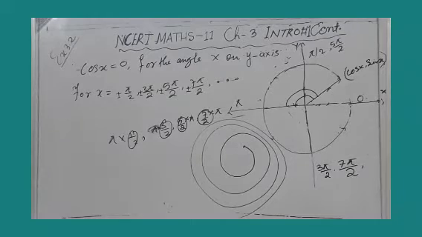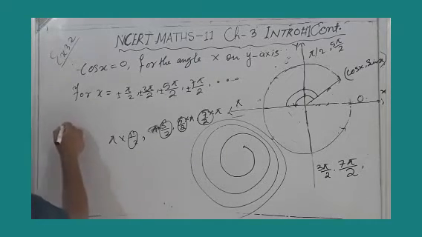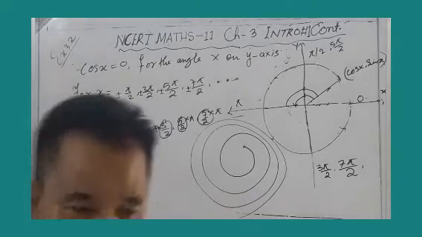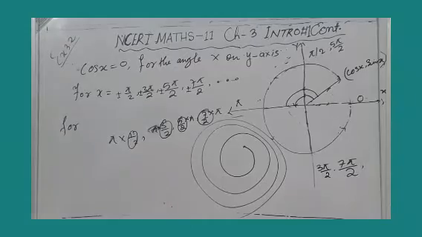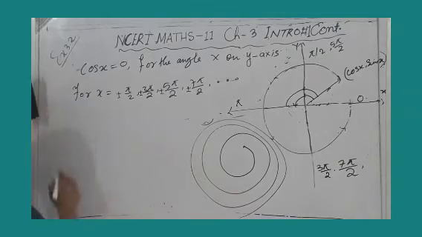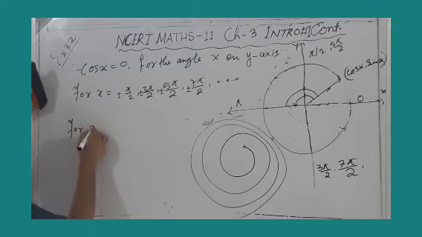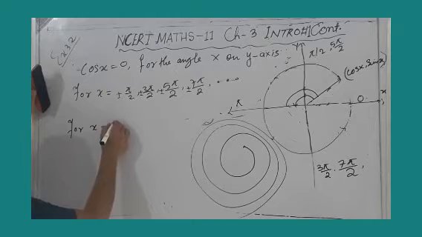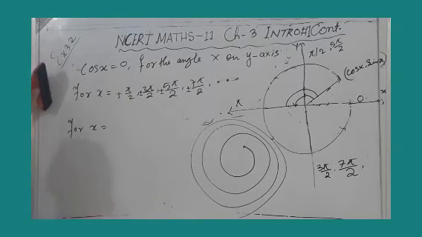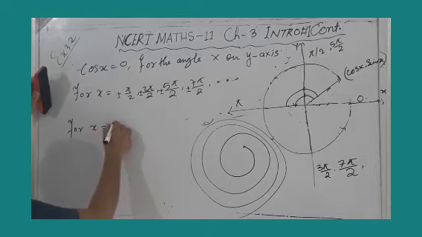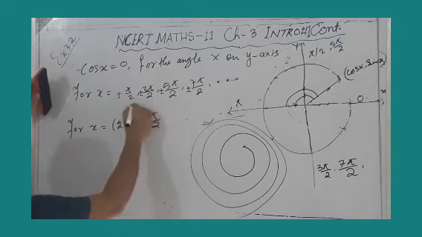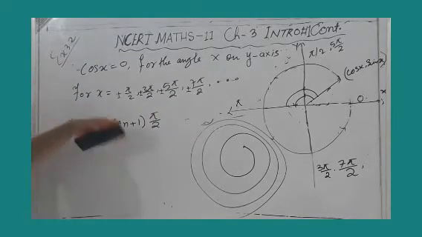So ultimately what we can write? For x equal to 0, and for x equal to 2n plus 1 into pi by 2, everything is a multiple of pi by 2.